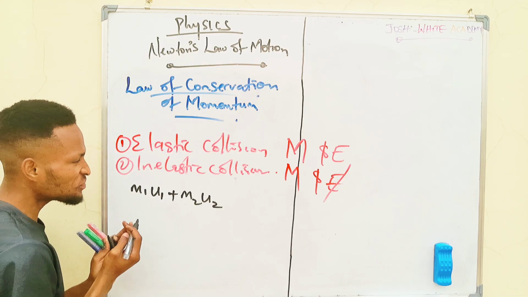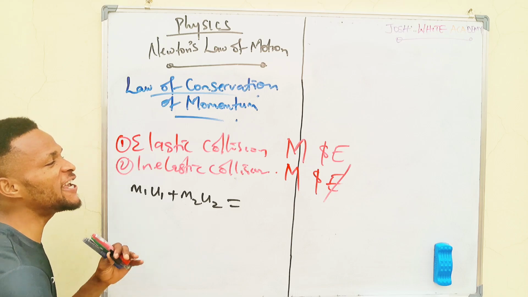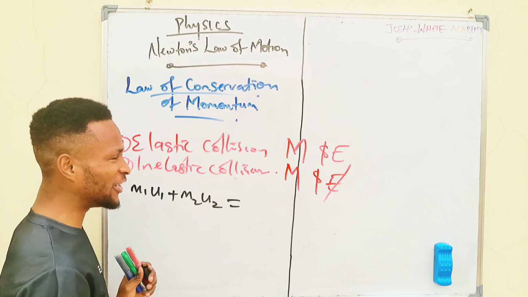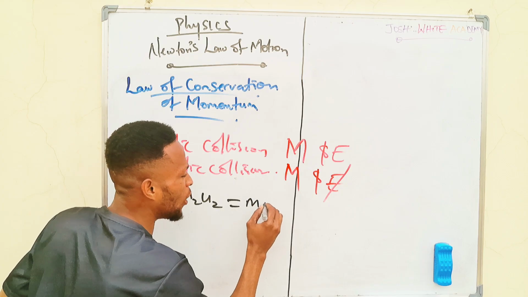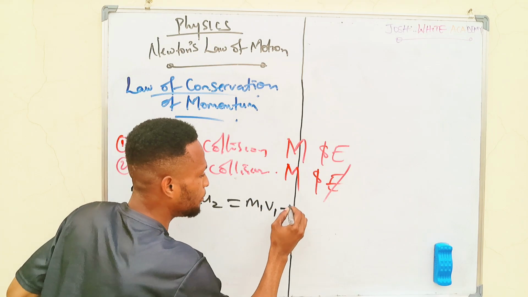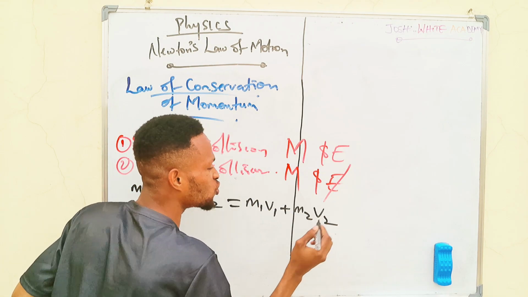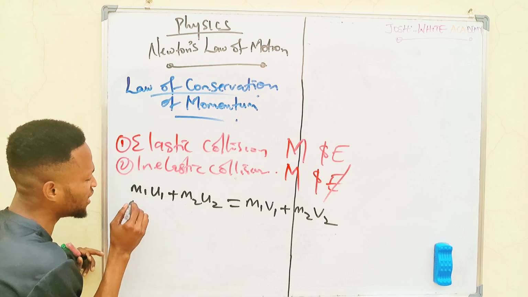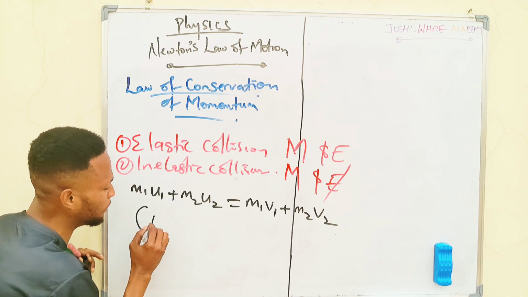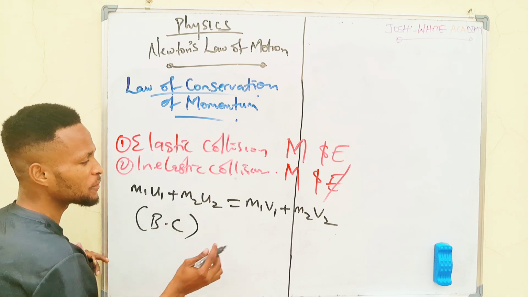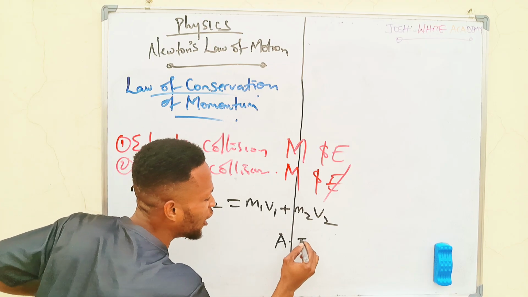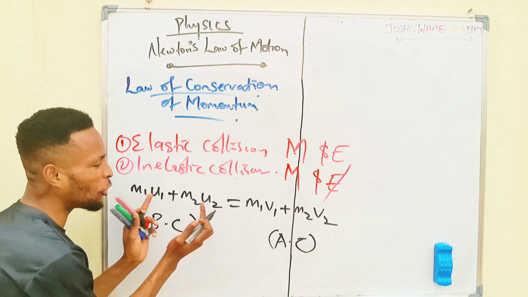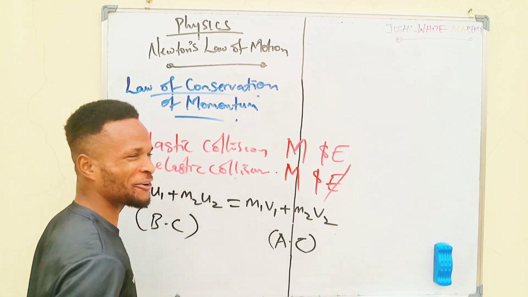Then we said it's equal to the total momentum after collision. That's m1 v1 plus m2 v2. So this m1 u1 and m2 u2 is before collision. Then this one is what? After collision. Our first body, our second body, our first body, our second body.